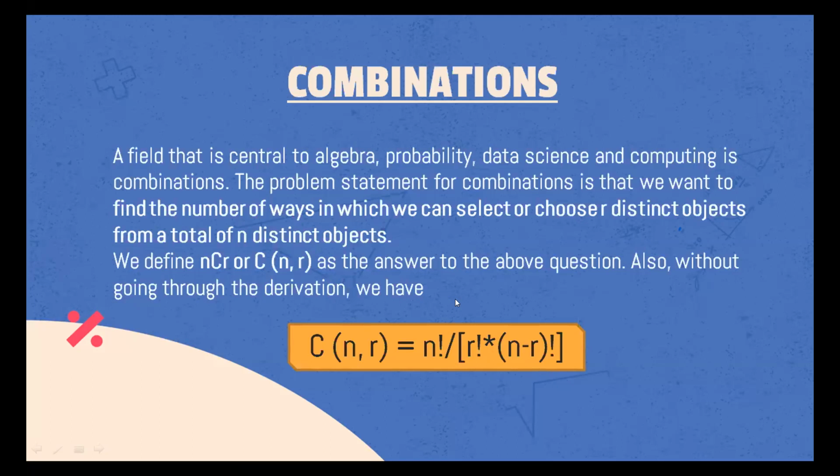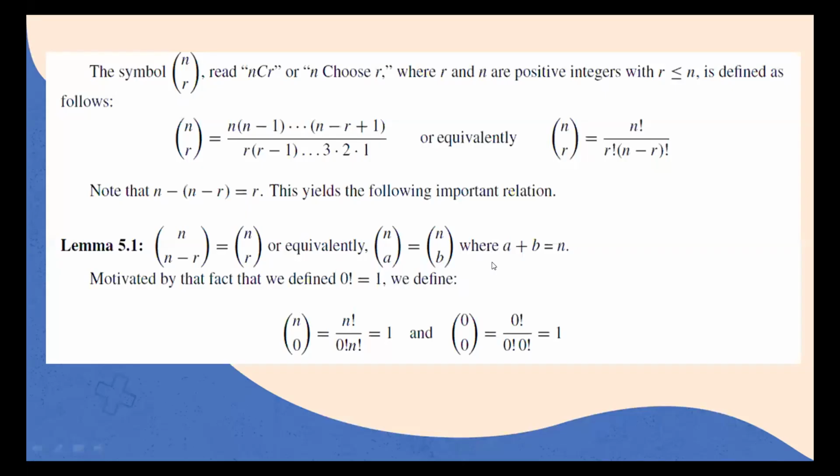Okay, so let's move ahead. There's some info about n choose r. The symbol n choose r, read nCr, where r and n are positive integers with r less than or equal to n. This is because we are choosing r objects from n objects, so r should not be greater than n, because we cannot choose a bigger number from a smaller number.